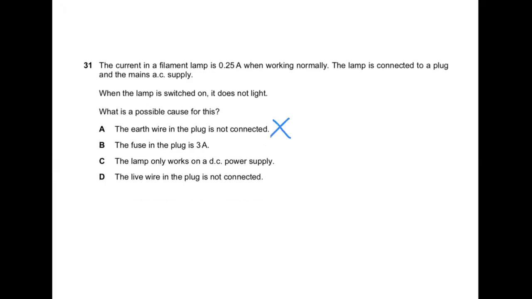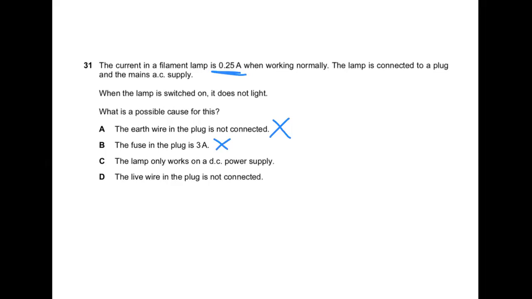The earth wire is connected only as a precaution and it does not affect the working of a lamp or a circuit. Option B, the fuse in the plug is 3 ampere. The current required by the lamp was 0.25 ampere. So a fuse with a rating of 3 ampere would be sufficient and this could not be a cause for the lamp not lighting up.